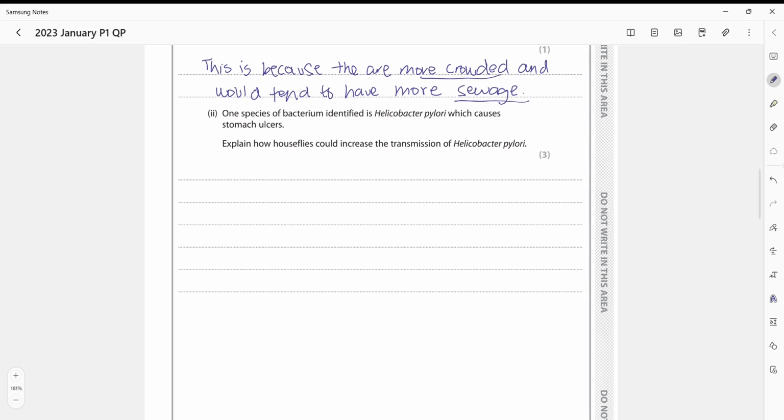Okay, so explain how houseflies could increase the transmission of Helicobacter pylori.